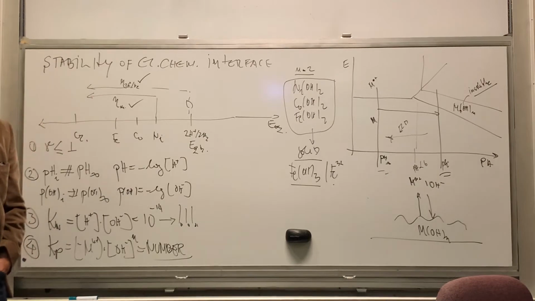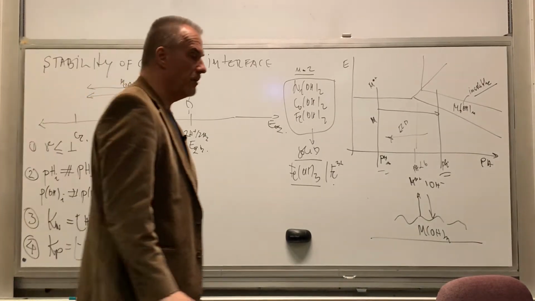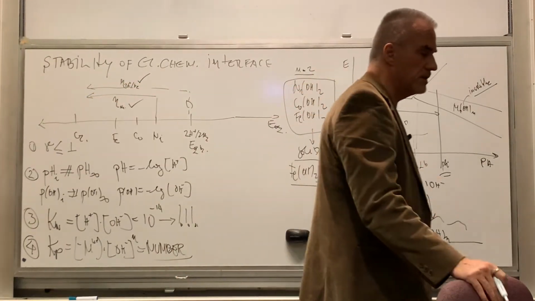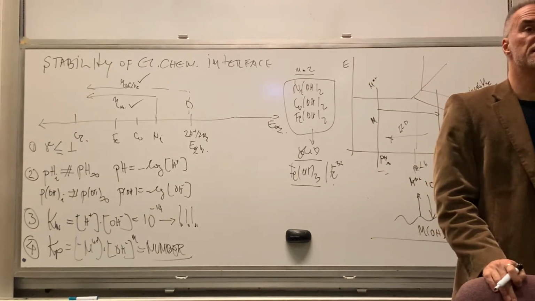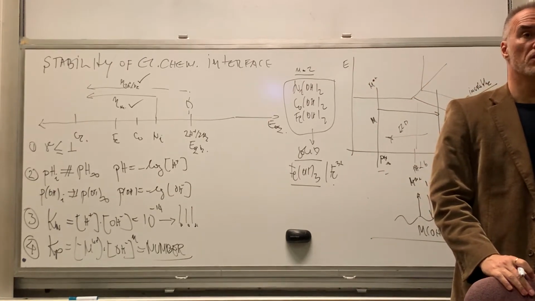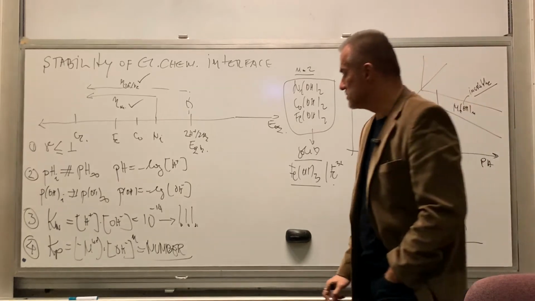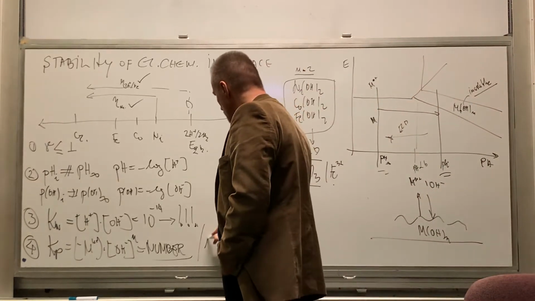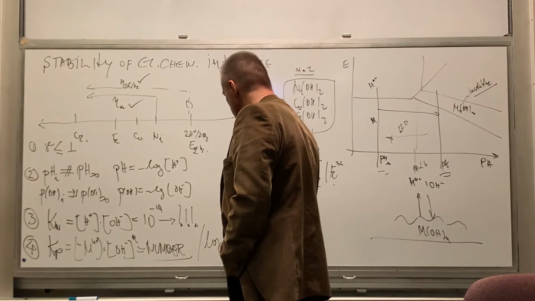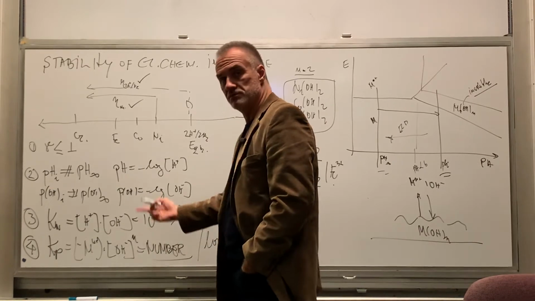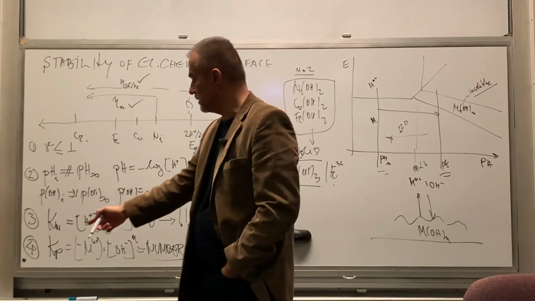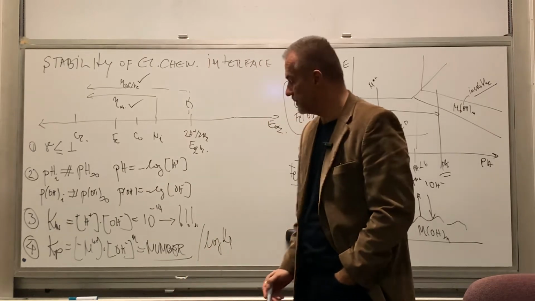And these numbers are available in the literature, and usually they're presented as a ln or log of the Kp. So in literature you might have log of Kp, which is not far from knowing Kp overall.